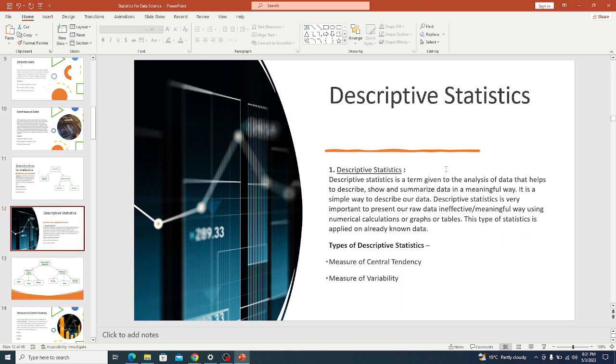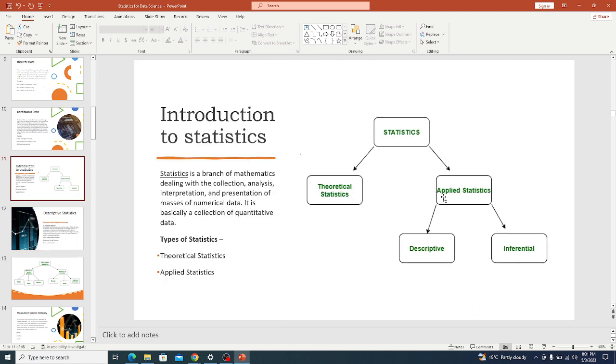Okay, so we are going to start with applied statistics. Under applied statistics, we have descriptive and inferential. We are going to start with descriptive, because descriptive carries the major part of our class, and then we shall finish with inferential.